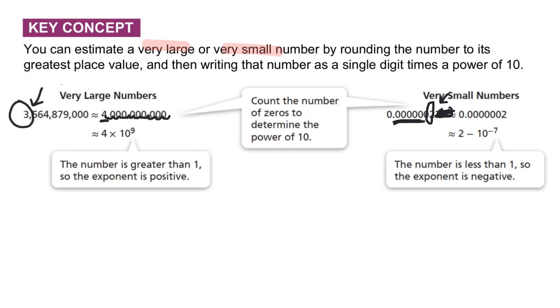So we have 2 times, we have a typo and I didn't even make it. That's in the book. Times, start with your decimal and move it behind the 2. 1, 2, 3, 4, 5, 6, 7. And make sure it's negative because it is a fraction or a decimal.